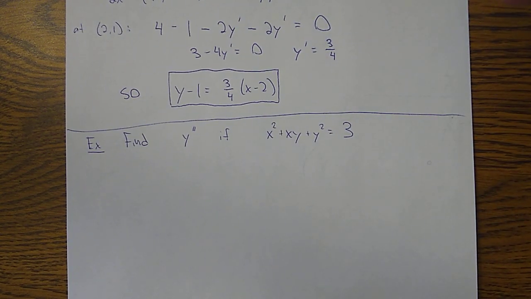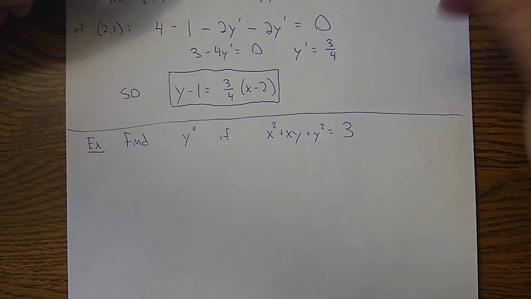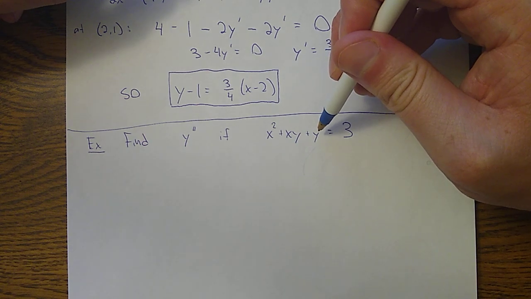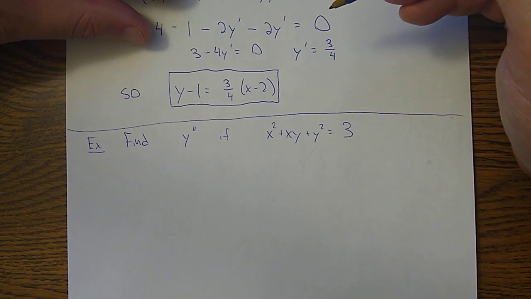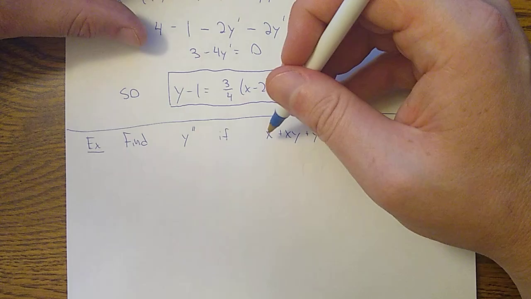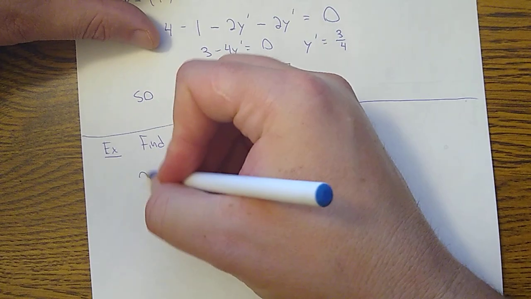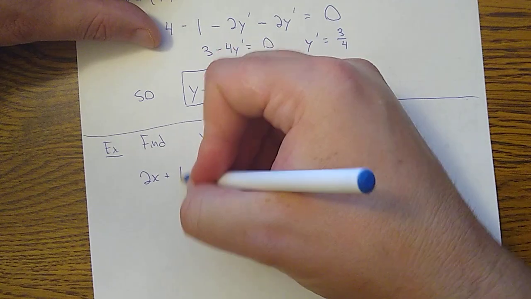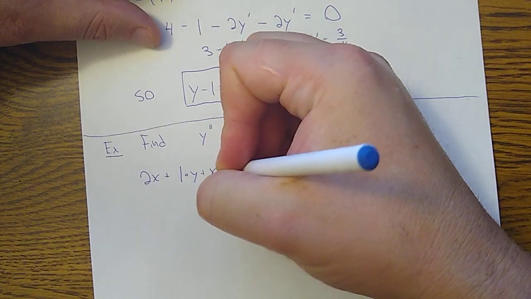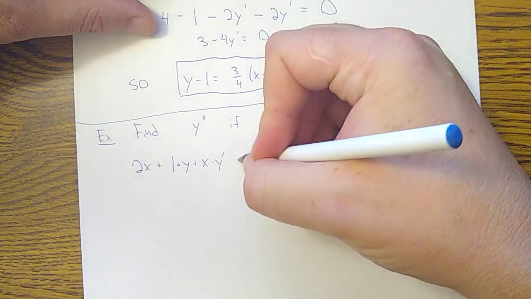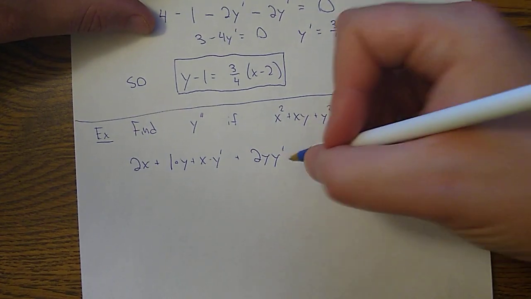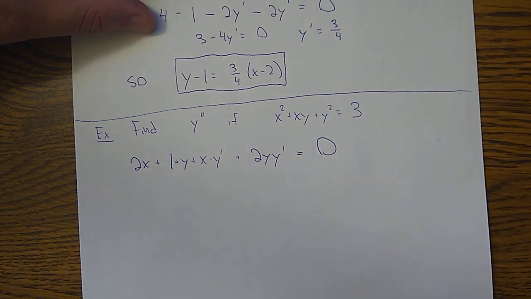So let's do an example where we find a second derivative. First, I'm going to find the first derivative, and that part is what we've been doing. So 2x plus, and then the derivative of xy is 1 times y plus x times y prime plus 2y y prime, and that's the y squared, equals 0.